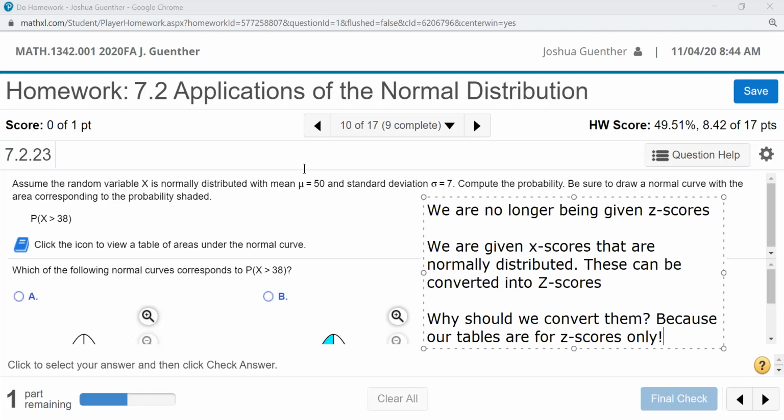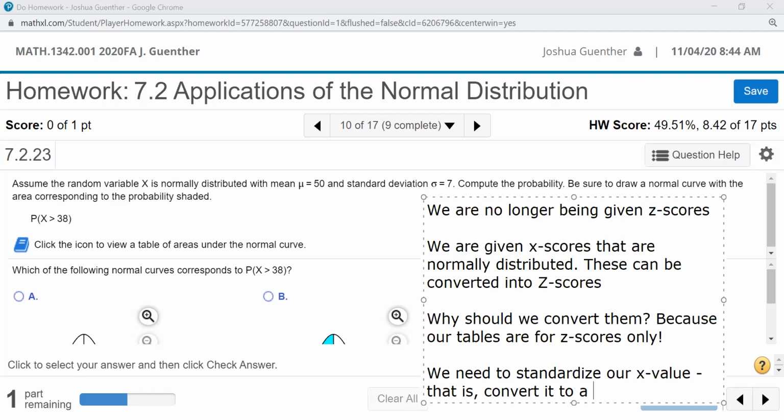What about a mean of negative 37 and a standard deviation of 48.6? We can't do it. It's not practical to give you a table for every possible mean and standard deviation combination. So instead, what we're going to do is we're going to standardize. We need to standardize our x value, that is, convert it to a z-score. That's what we have to do.